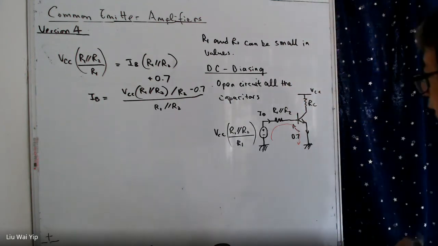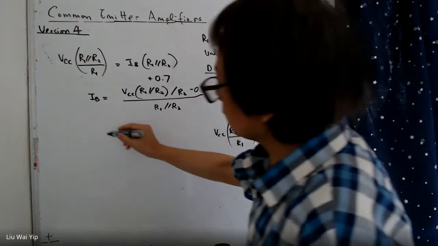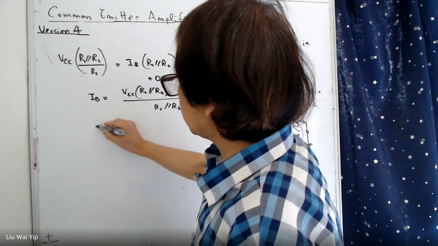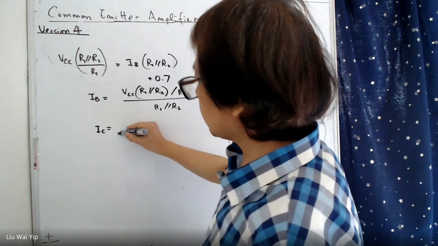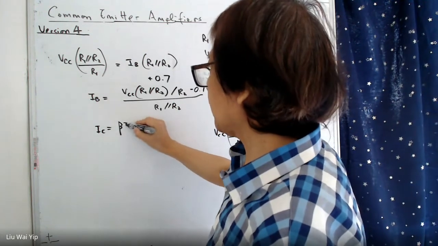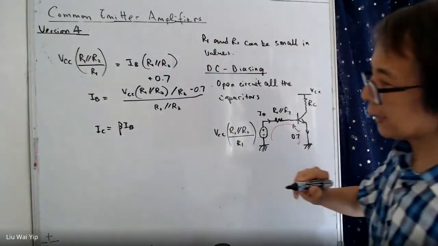The next step is to use the relation IC equals beta times IB to calculate IC.